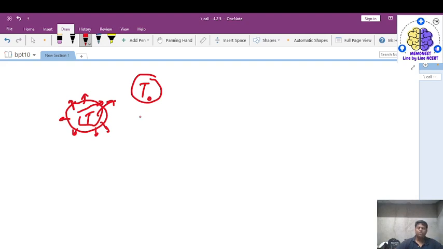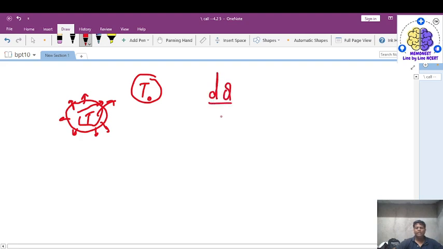Newton's law of cooling states that the rate of cooling, that is the rate of loss of heat of a body, is directly proportional to the temperature difference between the body and the surrounding, provided the temperature difference is small. The rate of loss of heat we will write as dq by dt, and because it's a loss, we'll write it with a minus.